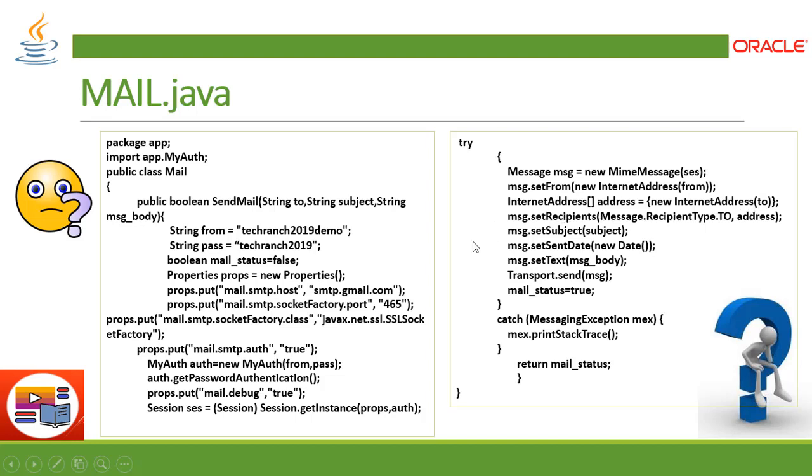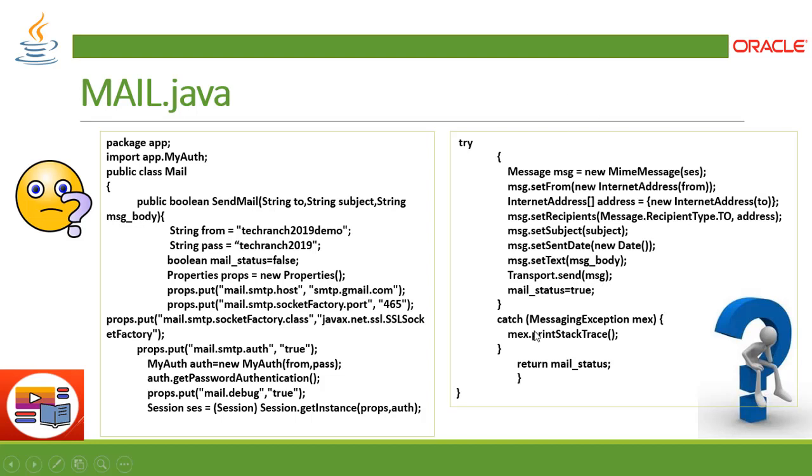Now so far we have done the from. Now this is the to part. For the recipient address we need to set all these parameters, set the subject and sent date, because it's a regular email communication, so we need to maintain the subject, the date and other parameters, the message body and the message. Now this is the class and method: Transport.send(message) is defined and implemented in your library.